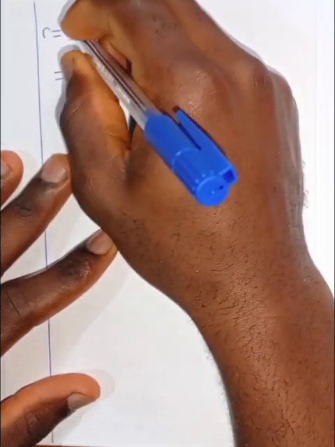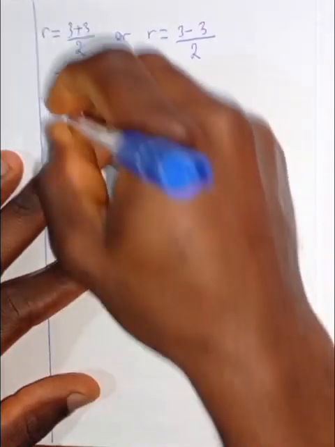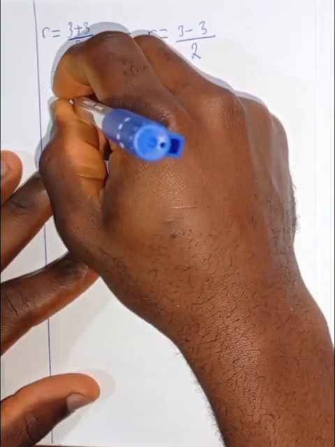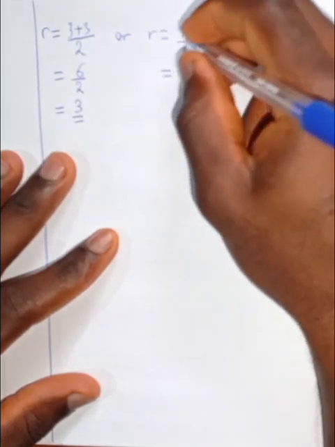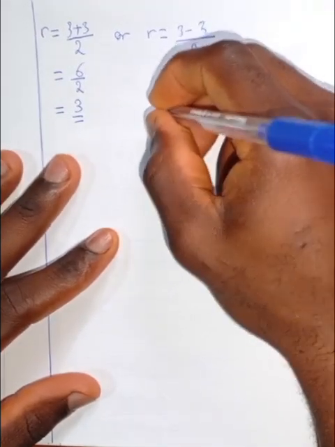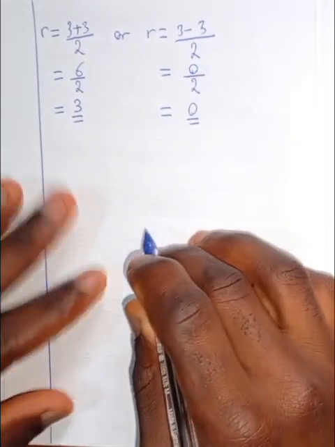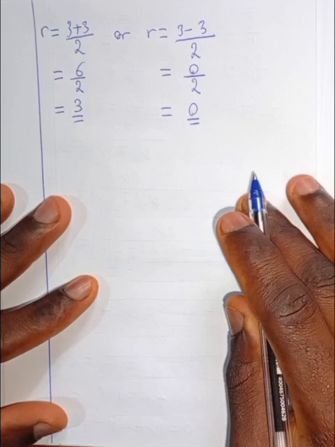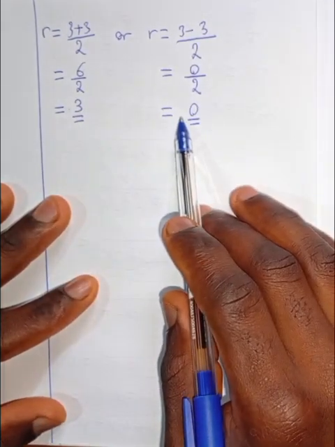This will be equal to 3 plus 3 gives us 6 divided by 2, which is equal to 3. Or here this will give us 3 minus 3, which is 0, divided by 2. 0 divided by 2 is simply equal to 0. So these are the roots of that quadratic equation. r is equal to 3 or r is equal to 0.